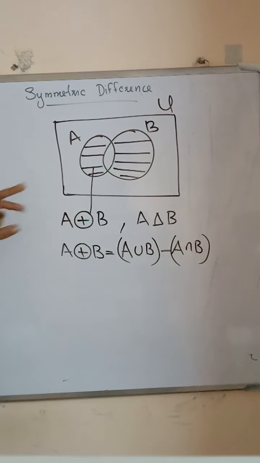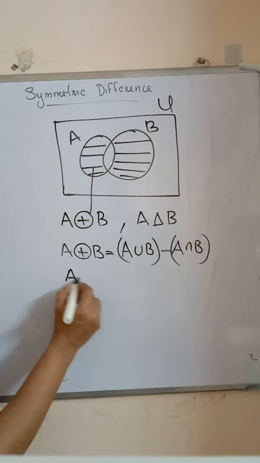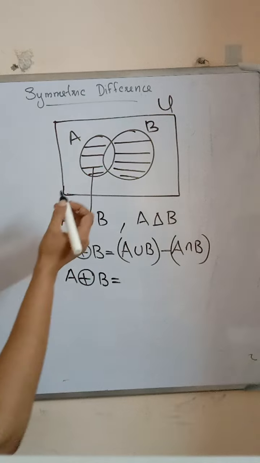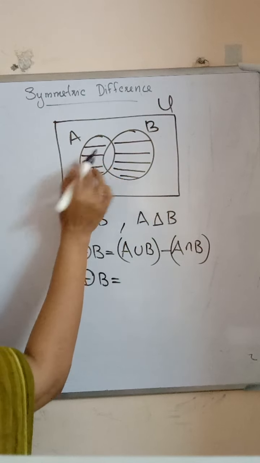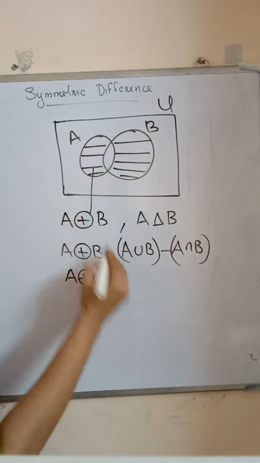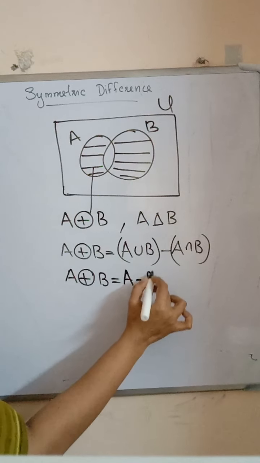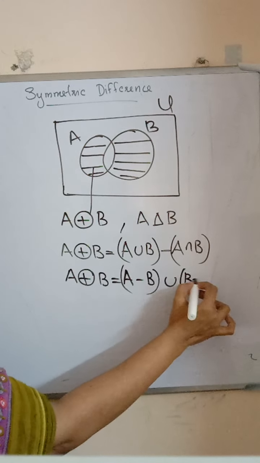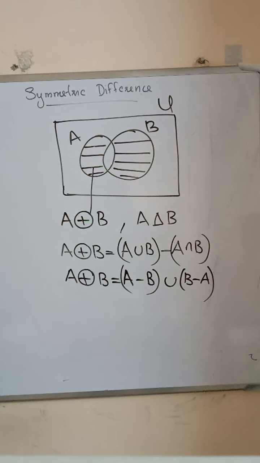That is, we get this shaded portion by deleting A intersection B from the set A union B. Or we can define this relation as A Δ B is equal to (A difference B) union (B difference A). We know that this first shaded portion is A difference B, and the second shaded portion is B difference A. Either you can use this definition or this.